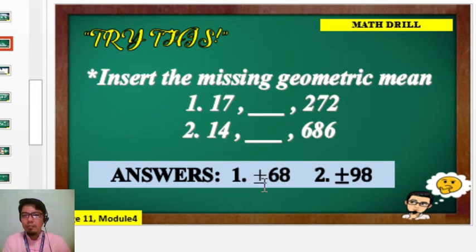That is positive negative 68. All you need to do is multiply 17 and 272 and then get the square root. The result is positive negative 68. While in item number 2, all you need to do is multiply 14 and 686 and then get the square root. The result is positive negative 98.